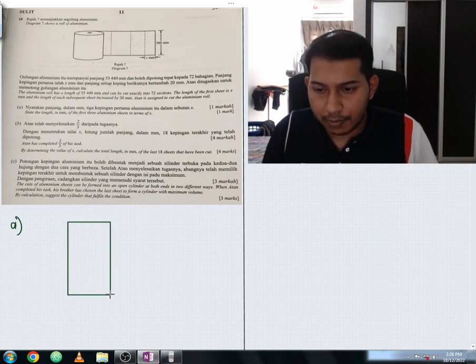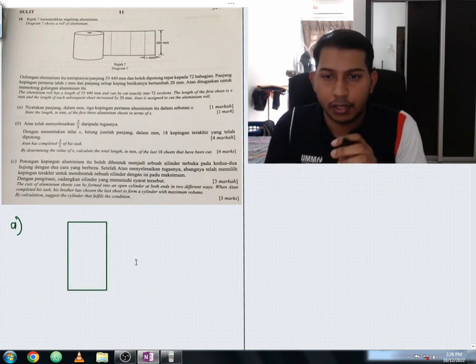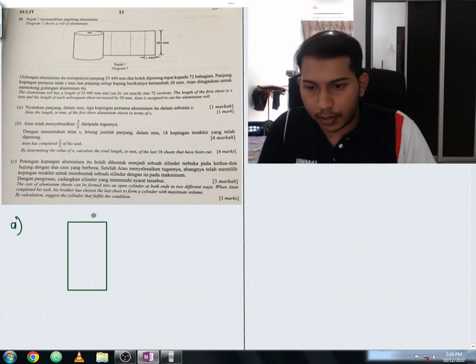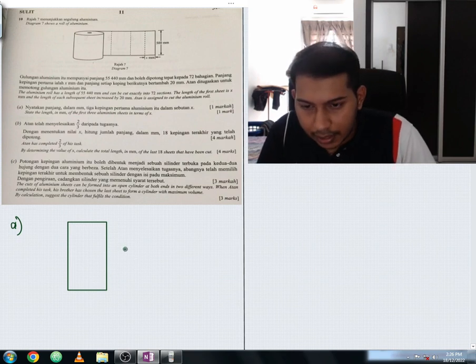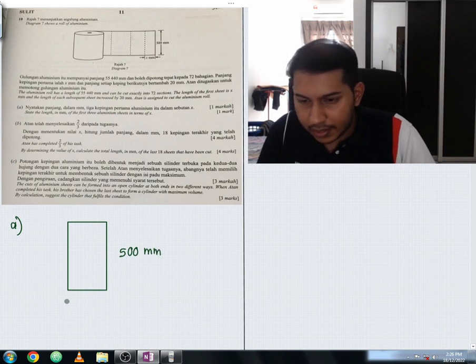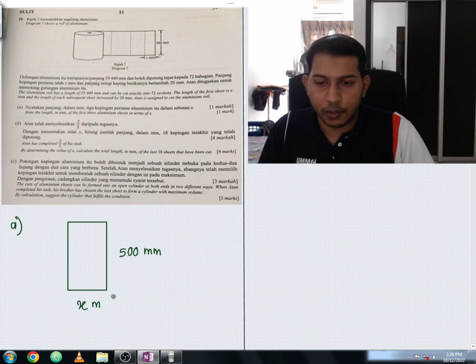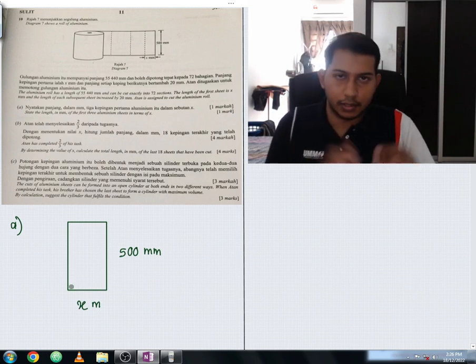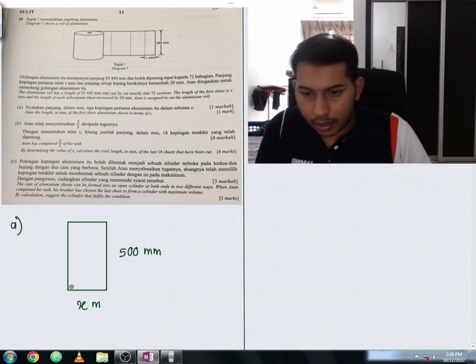Okay, so let me just draw a rectangle shape resembling the length of the sections. The first section here is resembling the length of X. This is the width and this is the length, X millimeter, guys.